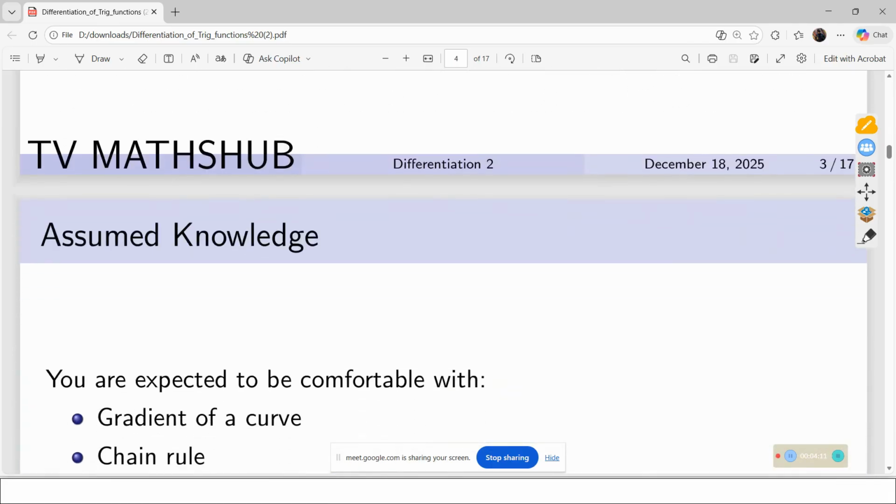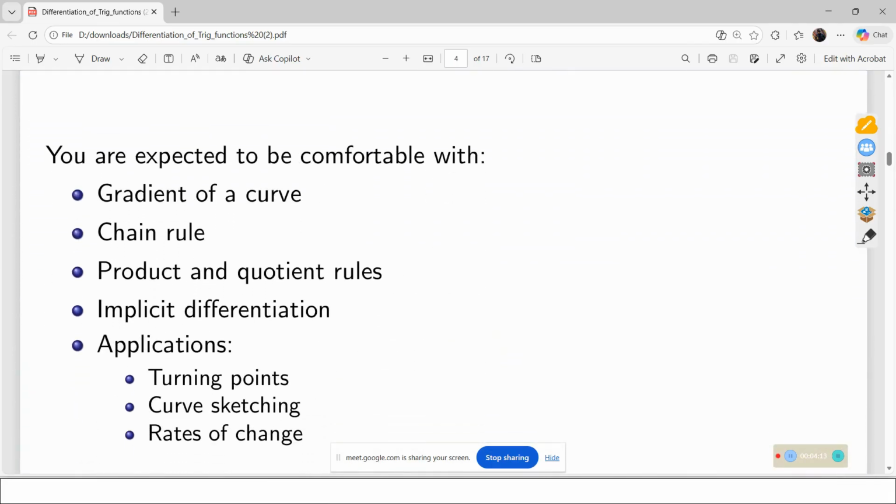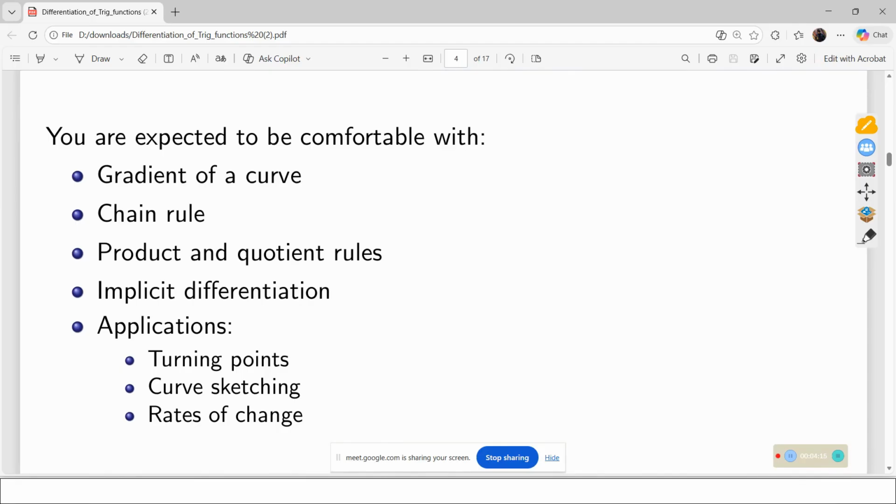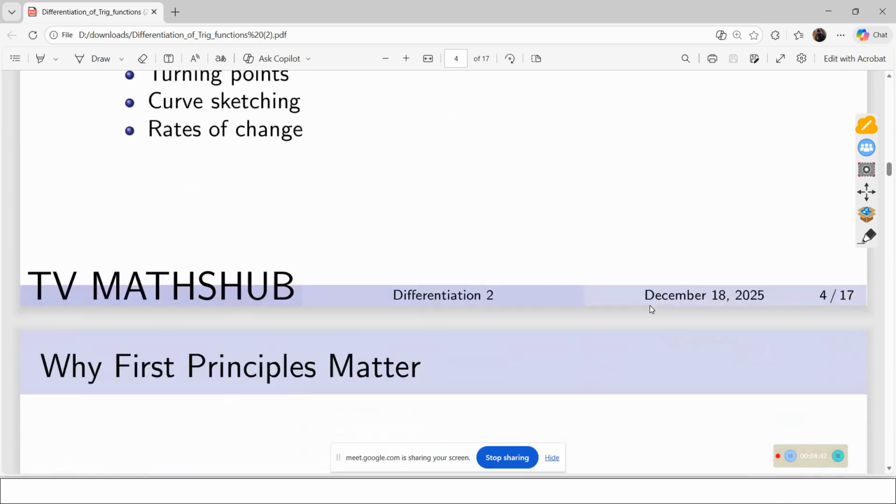I believe you have the knowledge about getting the gradient of a curve, chain rule, how to use product and quotient rules, how to deal with implicit differentiation, and some of these applications. You should have studied this by senior 5 term 2. But even if you don't know, we shall be recalling some of the important concepts.